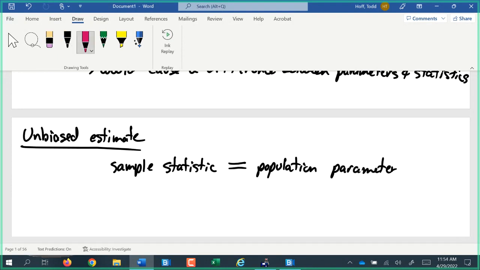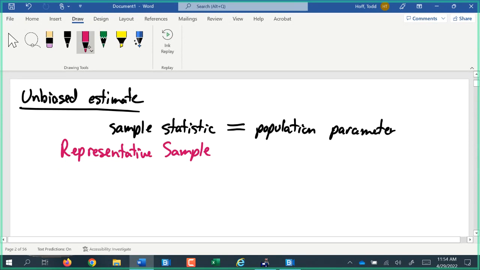And when we manage to do that, what we have is what is called a representative sample. So the proportion or percent of voters in our sample that are going to vote for candidate A is the same as the percent of voters in the population that are going to vote for candidate A.